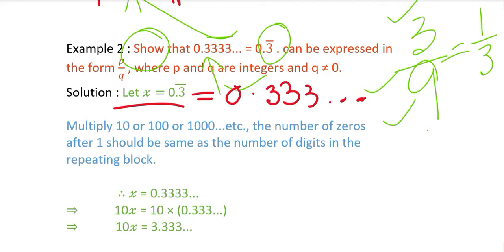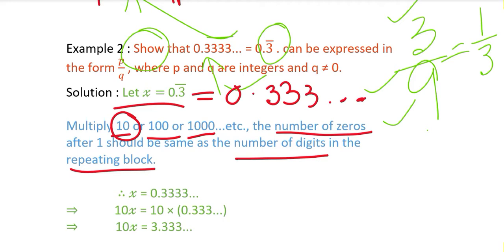Now powers of 10 are 10, 100, 1000, 10,000 and so on. But which number are we going to multiply? We look at the number of zeros after 1, which should be the same as the number of digits in the repeating block.